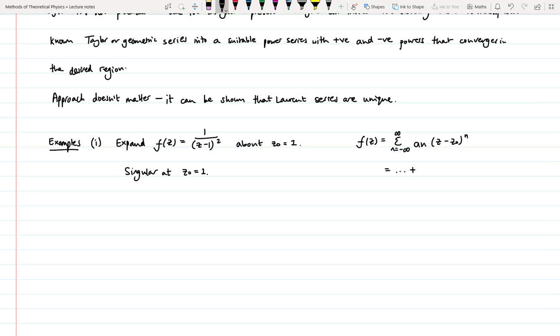Writing that out, we have something like a_minus2 over (z minus z0) squared plus a_minus1 over (z minus z0), a constant term, and then ascending powers, and so on. So we can see, as written, we've already got the Laurent series.